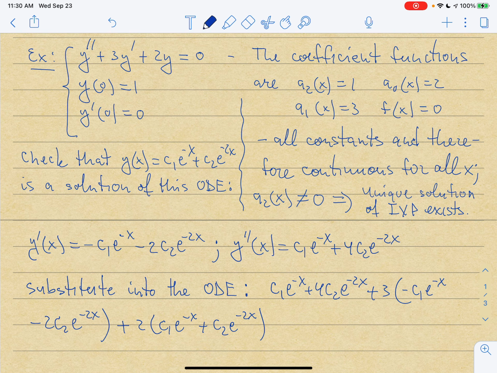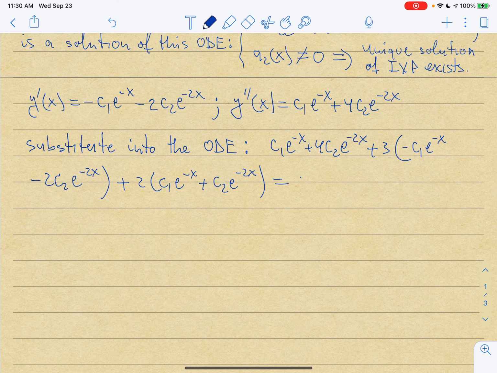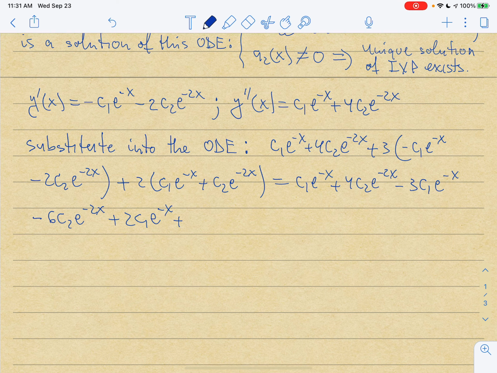That is my y. So now if I distribute everything, I'm going to get c1 e to the minus x plus 4c2 e to the minus 2x minus 3c1 e to the minus x minus 6c2 e to the minus 2x, and then plus 2c1 e to the minus x plus 2c2 e to the minus 2x. And then I can combine the similar terms.